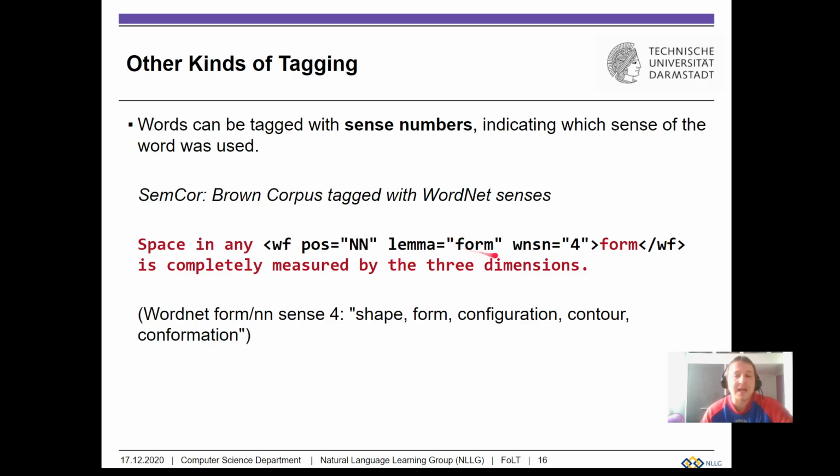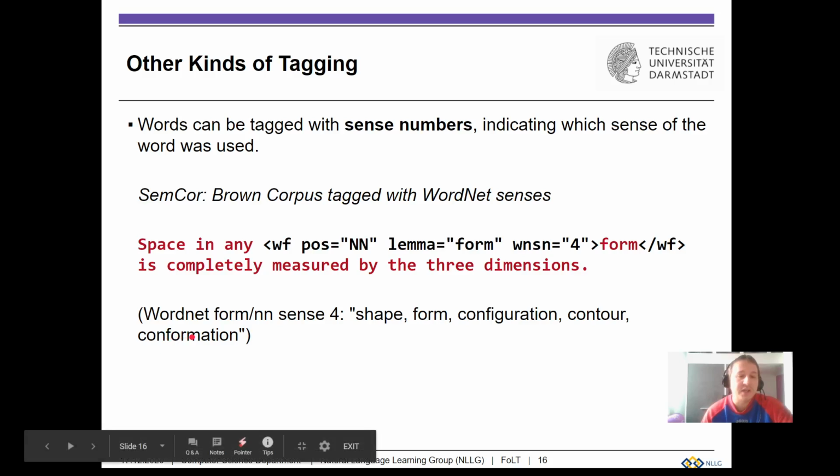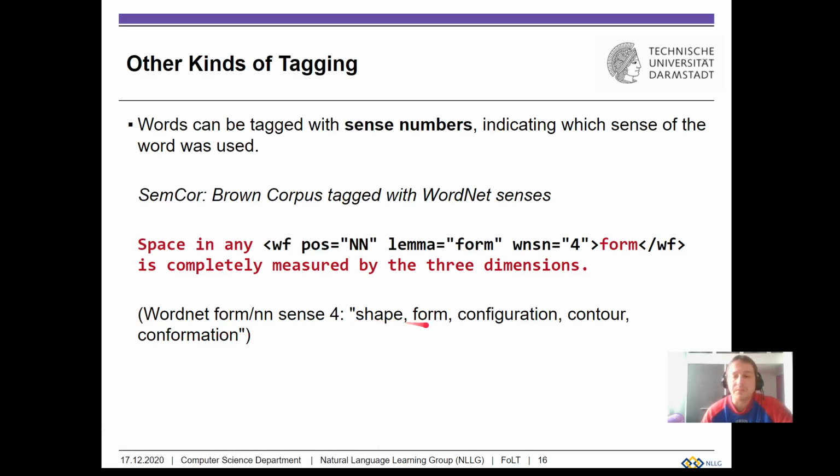We could further tag it for its lemma. The lemma is the base form, so in English it's oftentimes identical. And we could further annotate it with its word sense. So this is the 4th word sense. In this way, we would disambiguate the different word senses of a word. And if you go to WordNet and read out the definition of sense number 4, it's going to be shape, configuration, contour, conformation, and this is the synset of this word sense.